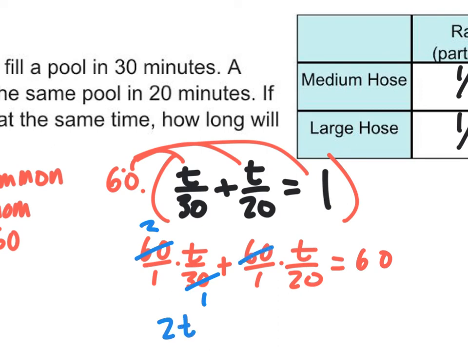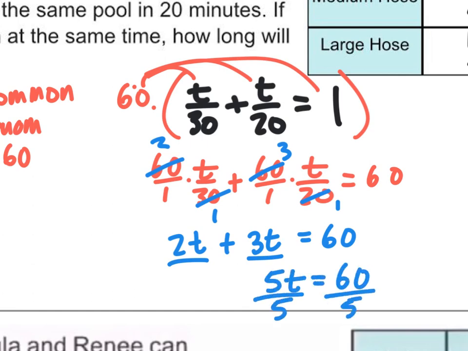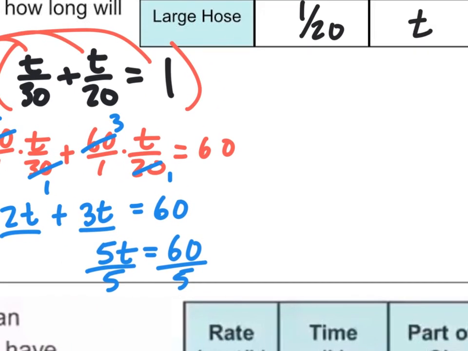If I divide out 60 and the 20, that's 3 over 1, that's just plus 3t, and this is equal to 60. If I add these together and combine like terms, 2t and 3t give me 5t, and that's equal to 60. Divide by 5 and divide by 5. So the time that it takes is equal to 12 minutes.